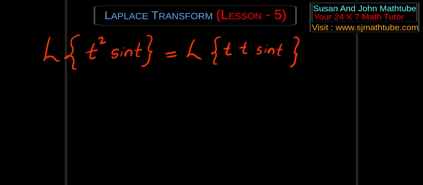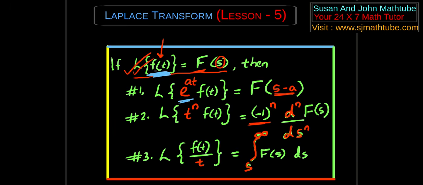It looks silly, but it means a lot. First this, then this, and finally this. Once more I wanted to show the property page. Look at this. If you know the Laplace of any function, you can have the Laplace of that same function multiplied by e power at.